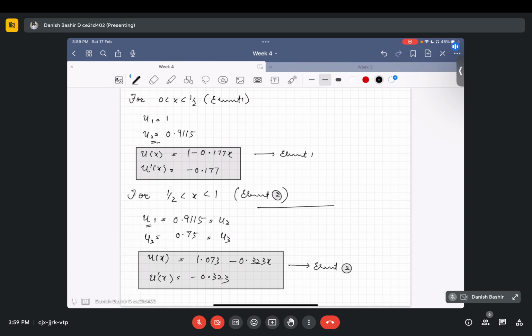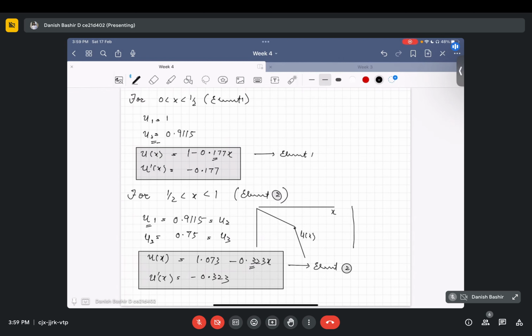Now we just have to plot these values and connect them. These will again be negative values only. So for element 1, it will be a negative, downward slope like this. Then this line has more slope. Here there is 0.32 and here is 0.177, so this has more slope. This is u of x, and this is x.